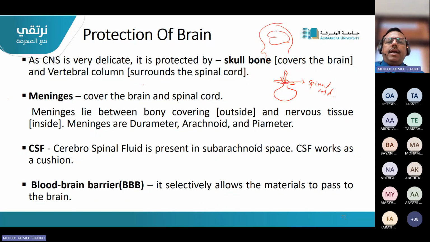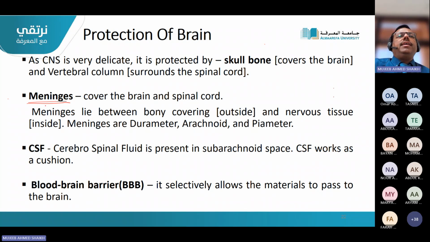Not only the bone, but there is a tough covering. There is a membrane around the brain as well as the spinal cord. A tough membrane is there, which is known as the meninges, not in one, but in 3 layers. These 3 layers of covering, called the meninges, lie between the bone and directly the substance of the brain.